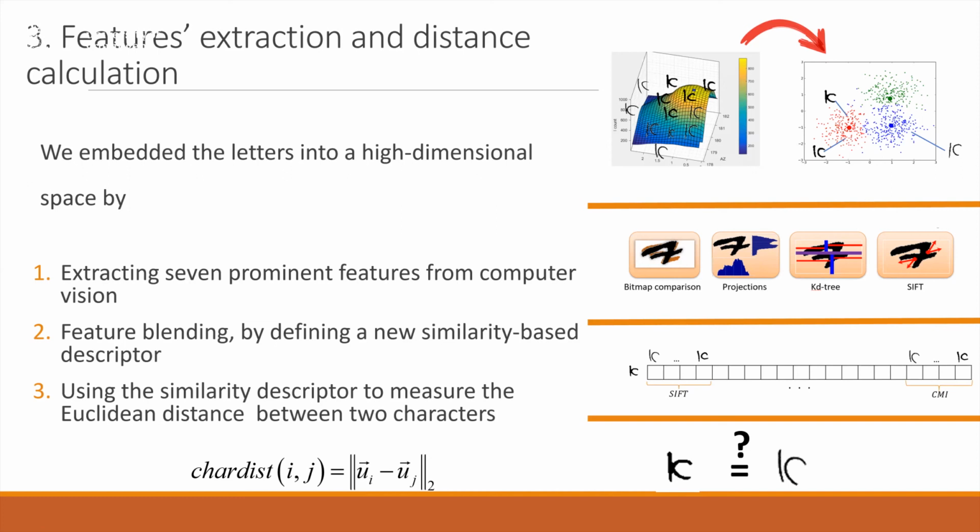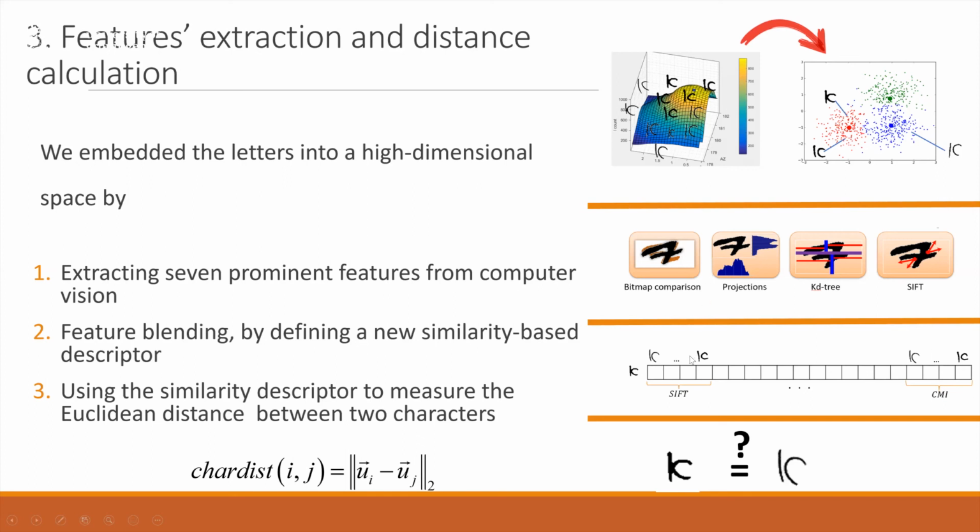So instead of just using those features, we created what we call a generalized vector, which basically represents how a single letter is different from and similar to other letters based on the extracted features. So basically, for each letter we have a comparison against all the letters in the alphabet using the features that we have selected.